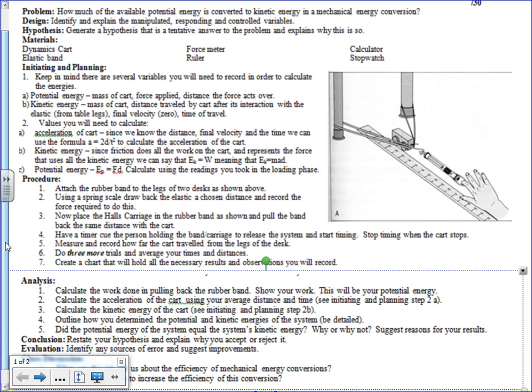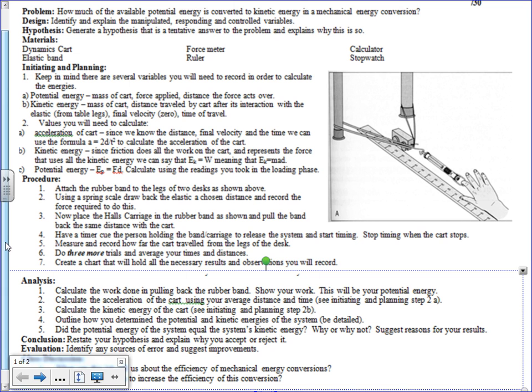Then we can use the force and the distance that the cart travels to determine how much work was done in slowing it down. Everybody follow me? So we're going to find the work done by us stretching the rubber band, and then the work done by friction in slowing the cart down until it comes to a stop. Ideally, those two numbers should be close.